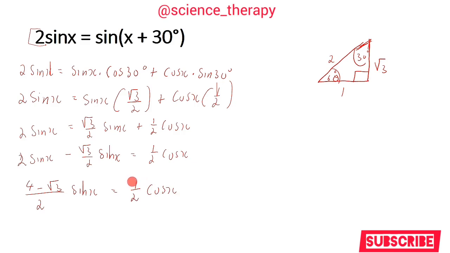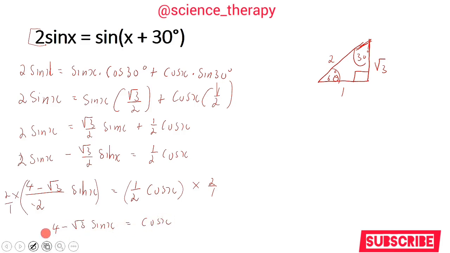Now at this point, what do you want to do? You want to multiply by the reciprocal, 2 over 1, and what you do on the left hand side, you also do on the right hand side. So this 2 will cancel out with that 2, and you'll only be left with 4 minus root 3 sine x is equal to cos x.